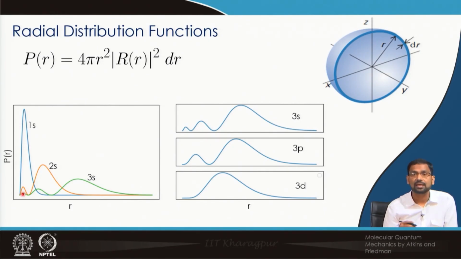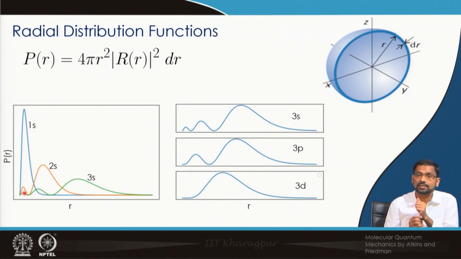What does that mean? That means the electron in the 1s orbital is more likely to be found closer to the nucleus, in a very compact region. So it does not get diffused all over space. It is found in a very concentrated region of space. That is what the 1s radial distribution function says.